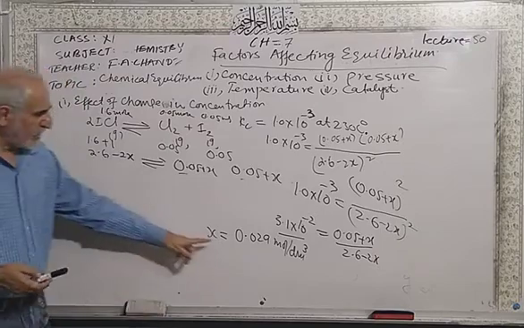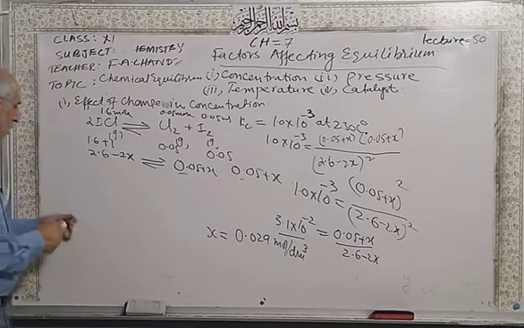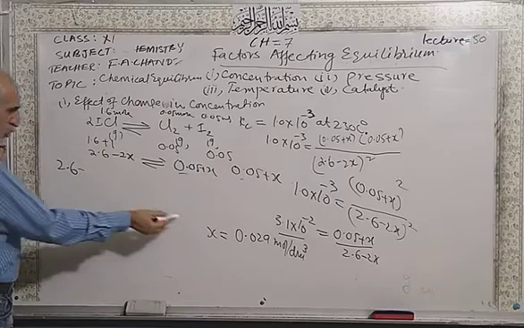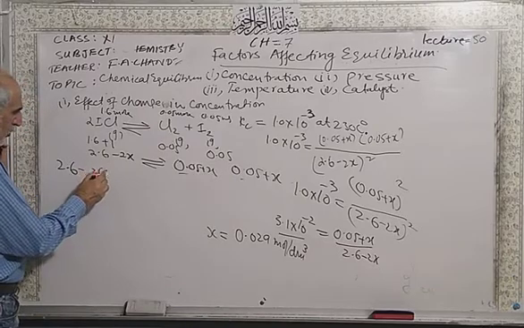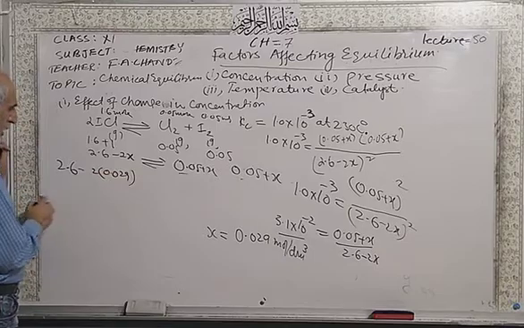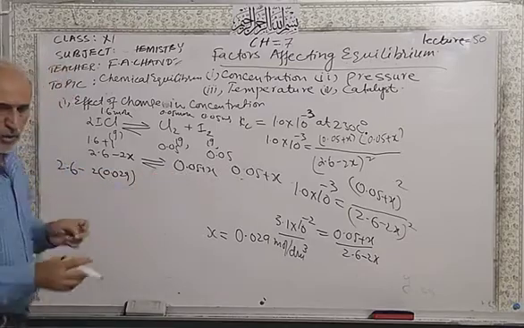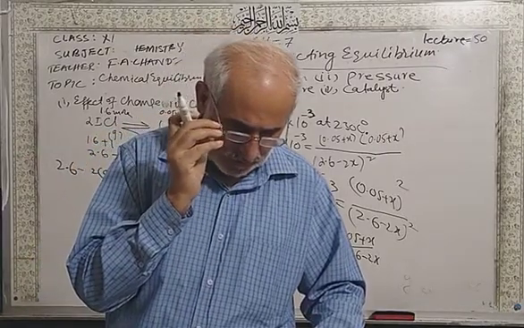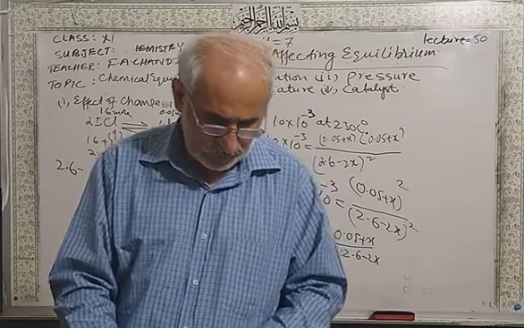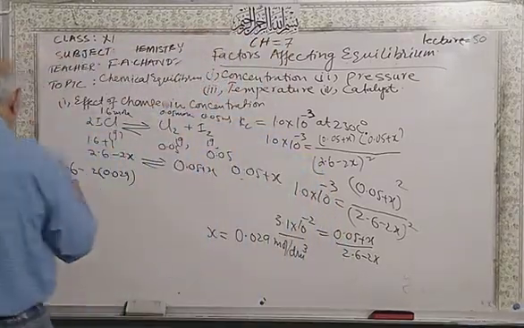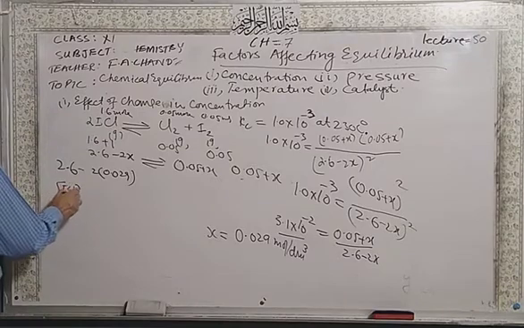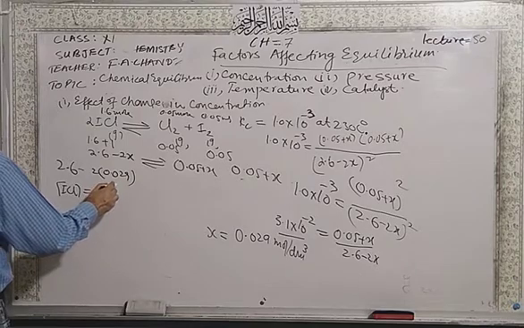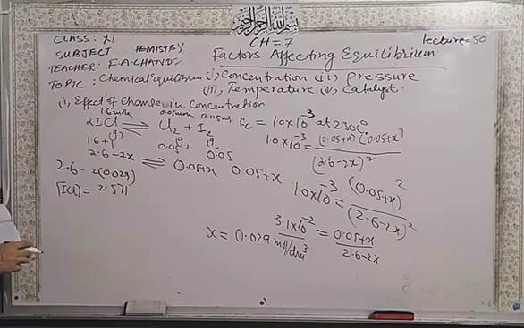Now here, students, you have the value of x. So here 2.6 minus 2x means 2 multiplied by 0.029. Then you will be able to calculate the value of ICl. After calculation, this will be 2.571. This will be the concentration of ICl, 2.571 instead of 2.6.